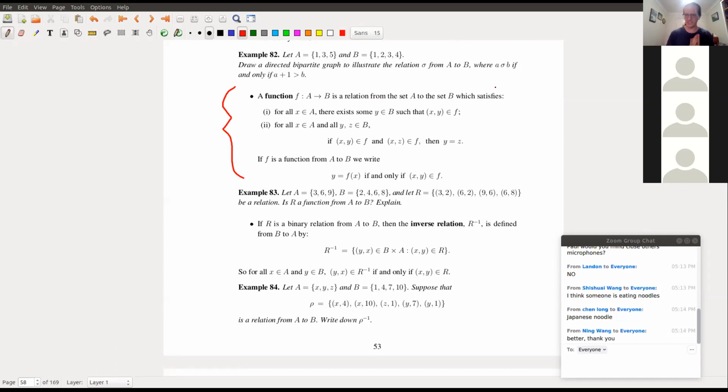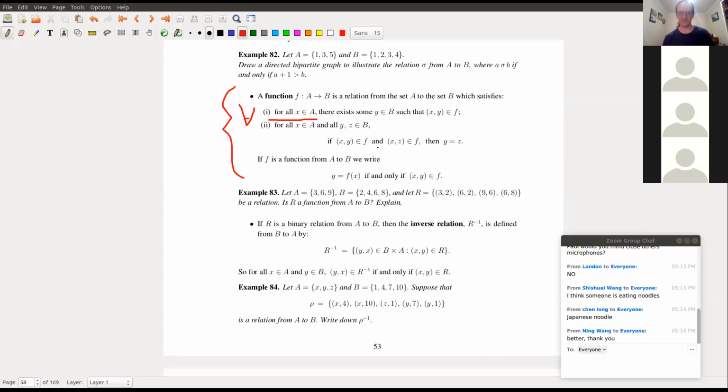Functions are a particular type, a subset of relations, and they have a really useful property. These are really important. I'm going to say them again later on, because this is the definition of a function. So for all, really note that. That's the one we were talking about last time. For all x in A, there exists some y such that xy is an element of f.